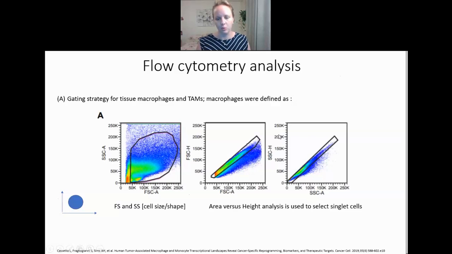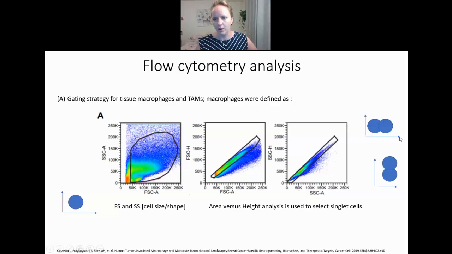Next, you will then exclude any cells that have stuck together. You only want to analyze single cells, otherwise it'll skew your analysis. So again, if you're using an arbitrary little plot here, you've got forward scatter height versus the area.